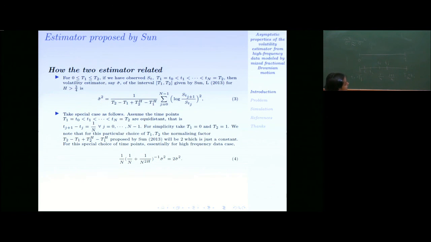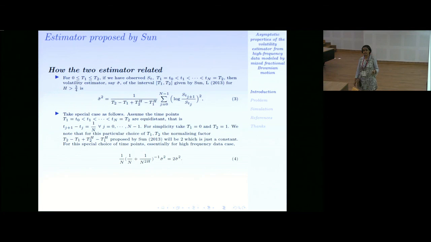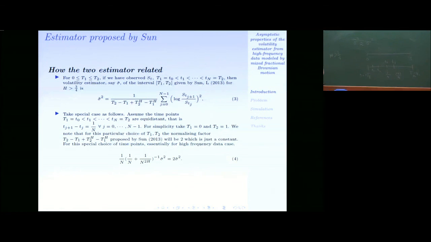If I choose this, then these two estimators are linked by this kind of relationship. What they have done is consider the estimator for H greater than 3/4. Even though the exact expressions need a normalizing factor involving H, they roughly say you don't need any normalizing factor.